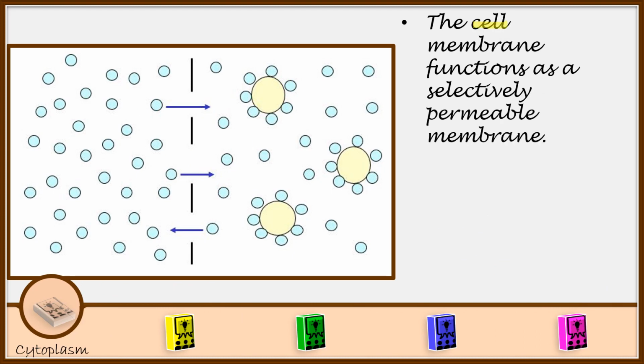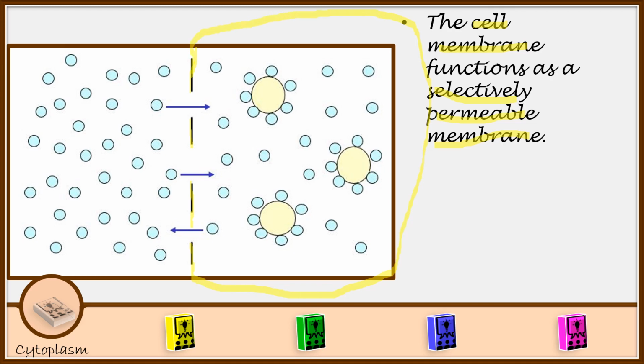The cell membrane functions as a selectively permeable membrane. We have seen that a selectively permeable membrane is one that can allow some substances to pass through and other substances not to go through.